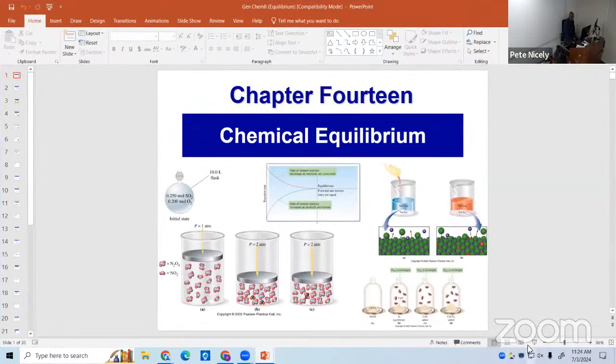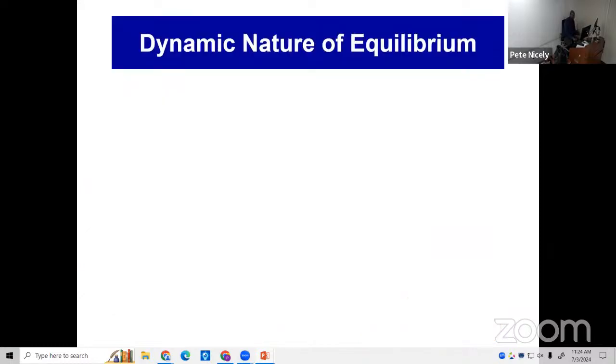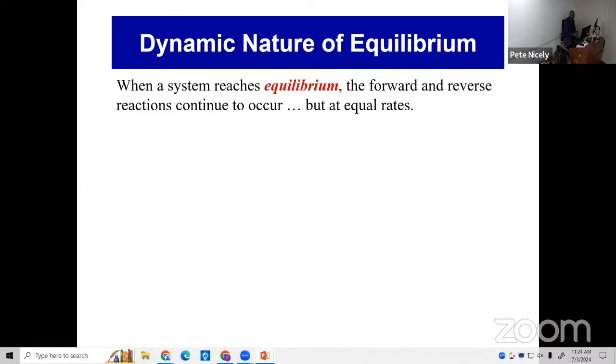All right, so let's talk about equilibrium. And we referred to it earlier when we were discussing a particular question from the previous assignment. So we're going to get into more detail about this. So basically, first thing I'm going to talk about is what we call reversible reactions, right?